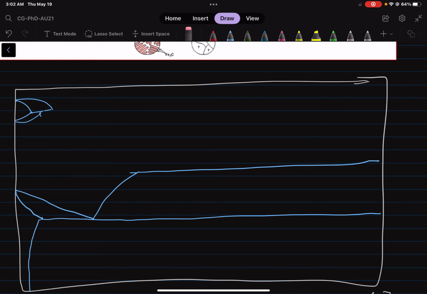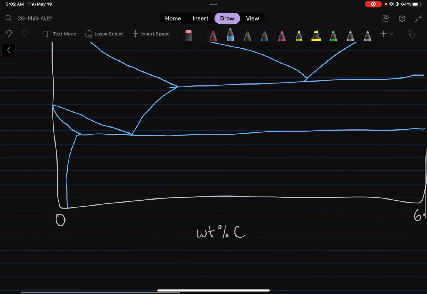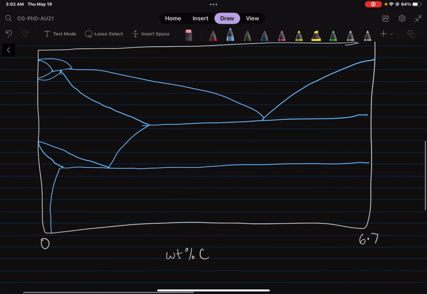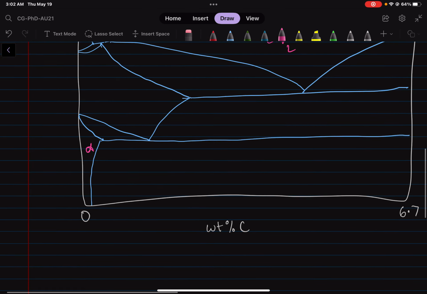So I'll highly recommend you guys practice along with this, drawing or being able to draw the phase diagram. It's obviously not to scale, just to show you guys how you can practice. All right, so let's label all the phases first. Let's label single phases that we know. So we know that this region will be liquid. So this is L. At the left you have alpha, which is the alpha ferrite phase.